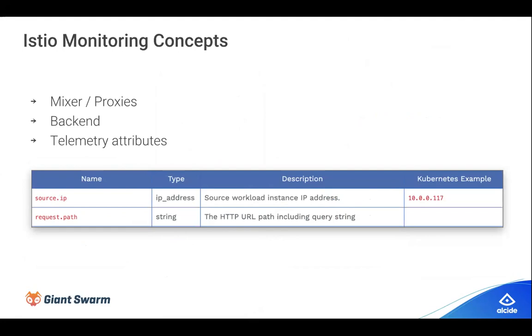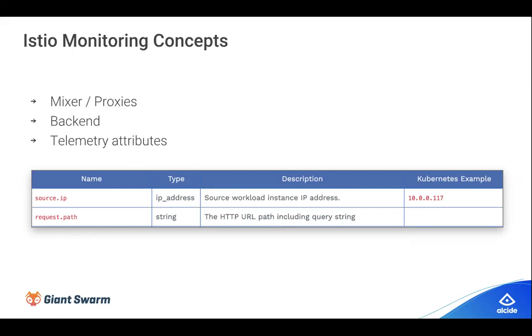and it's the smallest information bit, the smallest information block in Istio, which flows between the proxies and the mixer. And it contains data about the environment, the request, and all around. It usually originates from the proxy, but the mixer or your workloads itself, as we will see later, can also add attributes to the mesh.